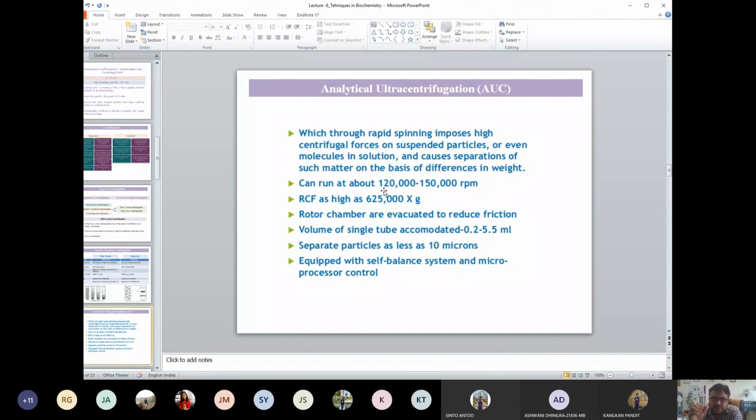Especially, as I told in the earlier slide, ultracentrifugation is basically used for the separation of organelles. Many times you have heard of separation of chloroplast or mitochondria or separation of nucleic acid, especially DNA or RNA. So we use this ultracentrifugation, and the material which you get out of it is of very high quality and pure.